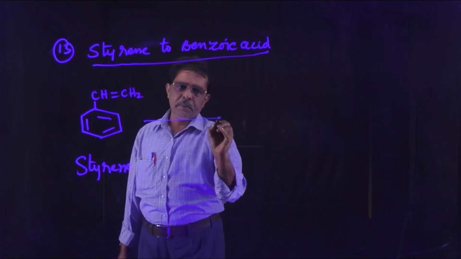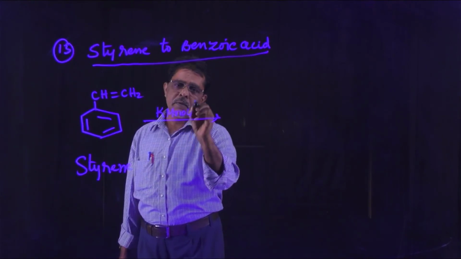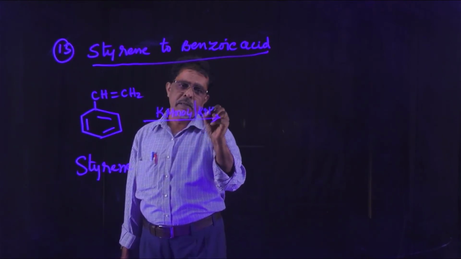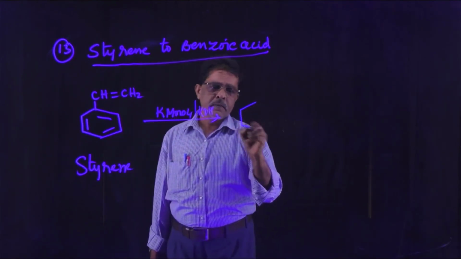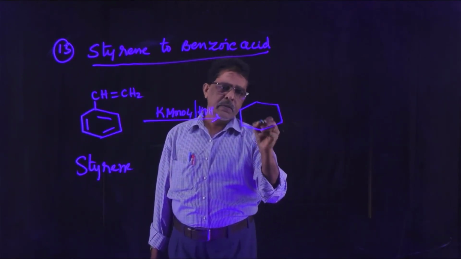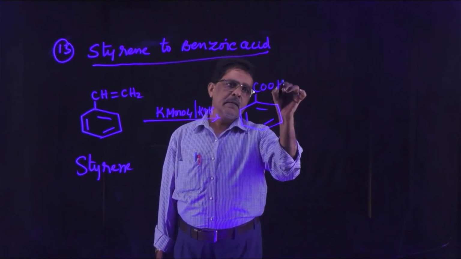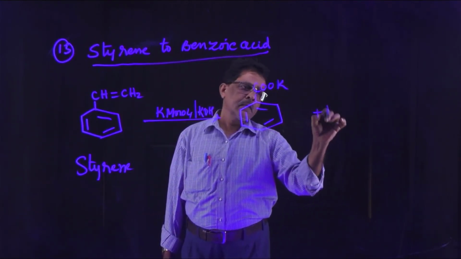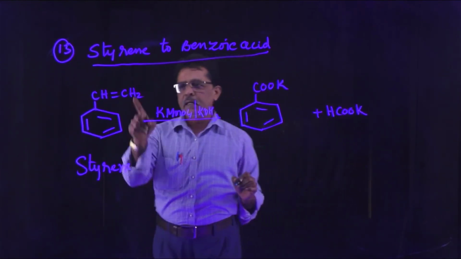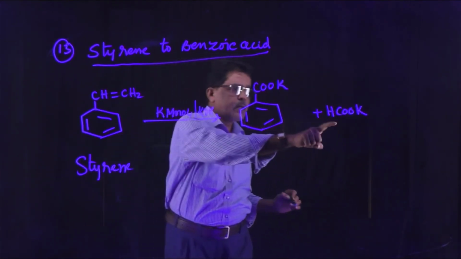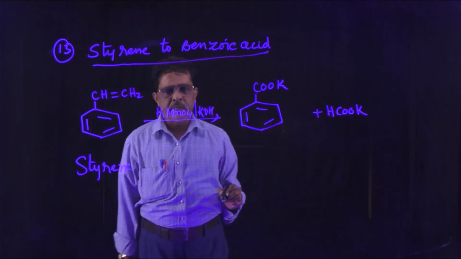This will happen with a strong oxidizing agent, KMnO4, in a basic medium. Then you will get potassium benzoate plus potassium formate. This carbon is oxidized into potassium formate and this one is oxidized into potassium benzoate.